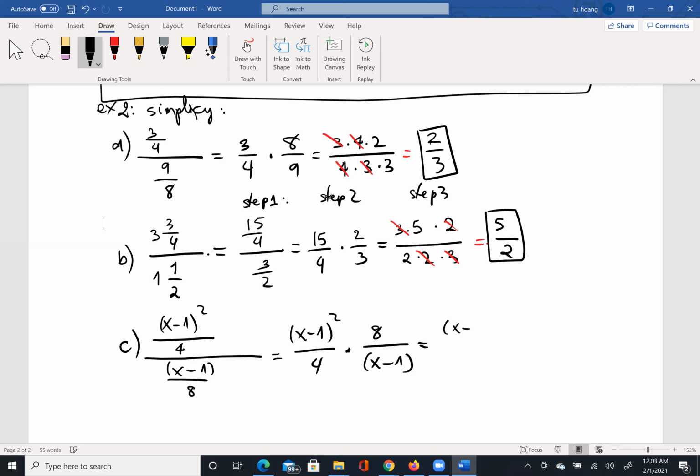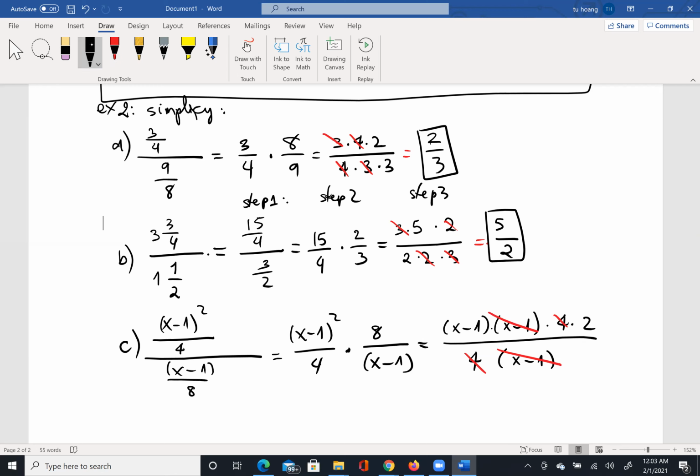So x minus 1 squared is x minus 1 times x minus 1 times 8. On the top, 8 becomes 4 times 2, because later I can cancel the 4 down here, and then 4 times x minus 1. You see that you can cancel this 4 and 4, this x minus 1 and this x minus 1.